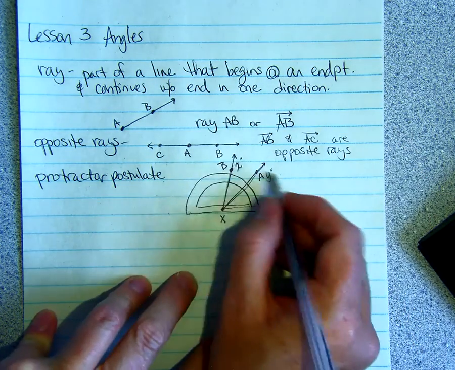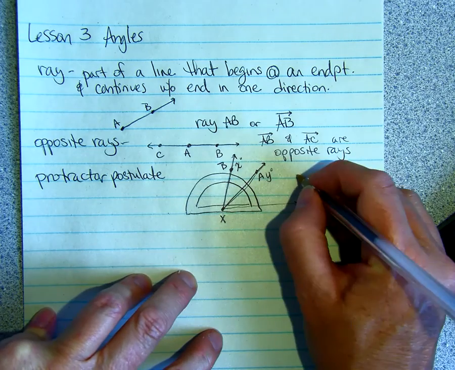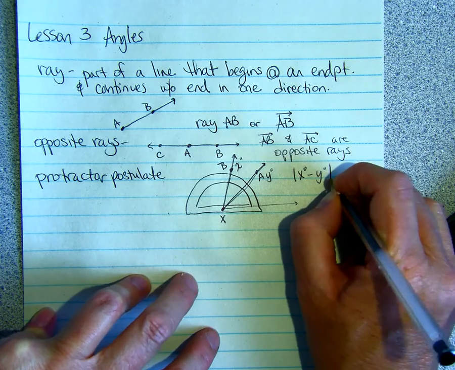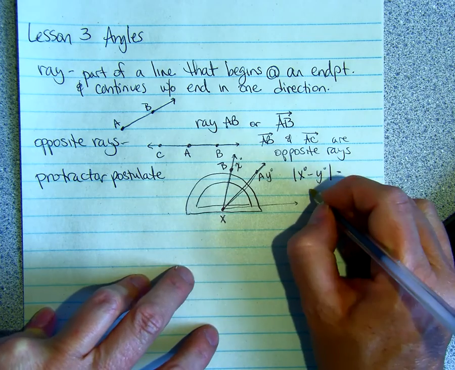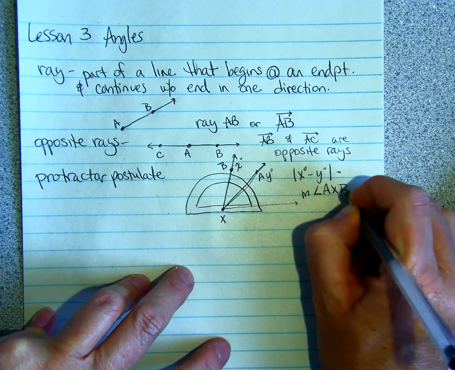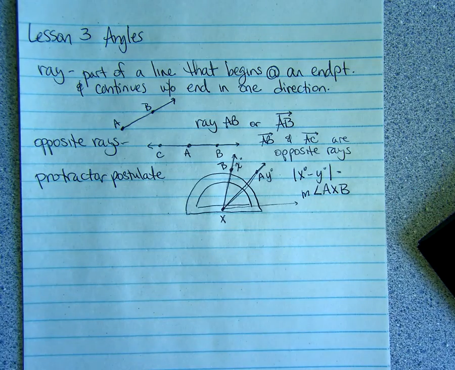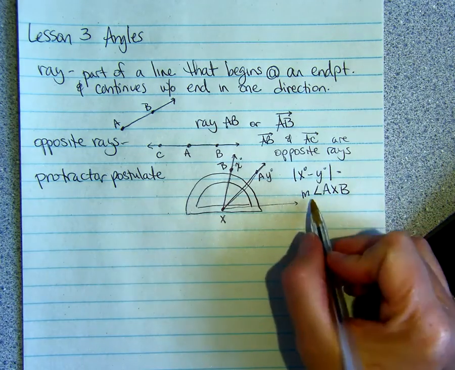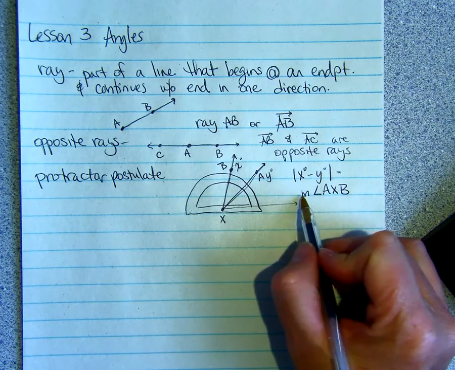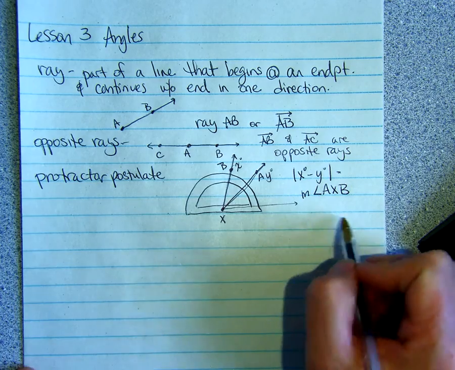If you take the absolute value of these two numbers subtracted, so X degrees minus Y degrees, that's going to give you the measure of angle AXB. And whenever you're writing down the measure of an angle, you want to put a little m and then the angle in 3 letters.